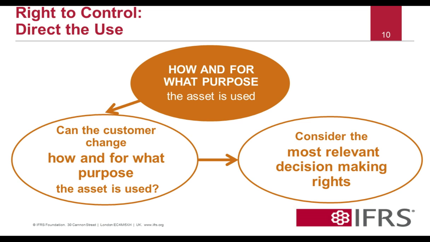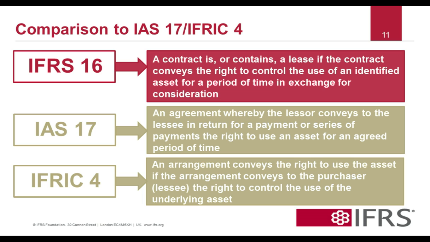For those 5 years, the customer decides what cargo will be transported by the vessel, where it will sail to, and when it will sail. In this case, even though the supplier operates and maintains the vessel, it is the customer that makes the decisions that are most relevant to how and for what purpose the vessel is used. Because of that, the customer controls the vessel, and so the contract contains a lease.